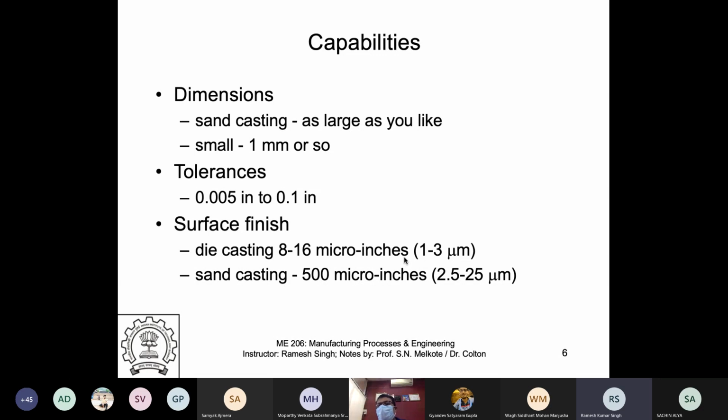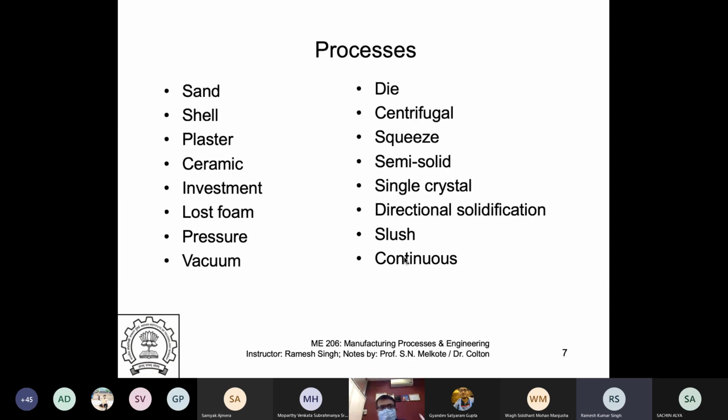Most plumbing products, your faucets and taps, are die cast, especially if they're brass and aluminum. For steel die casting, you'd need something of very high melting temperature. Steel is still a bit difficult, but with aluminum and brass you can do very good quality die casting.